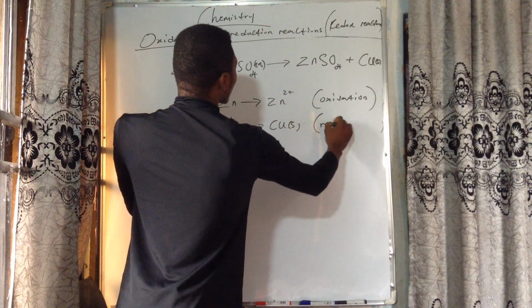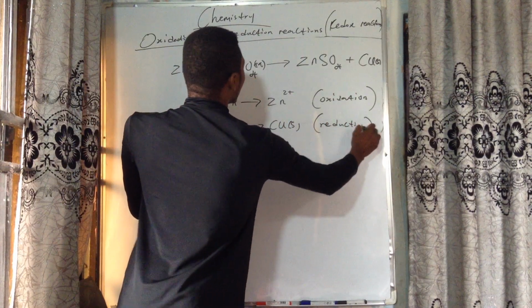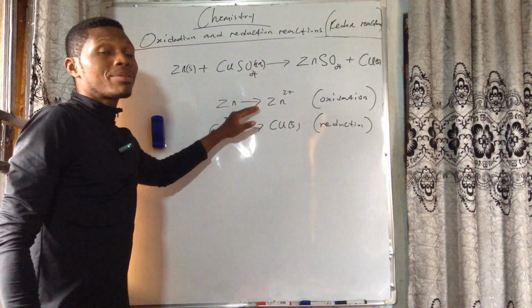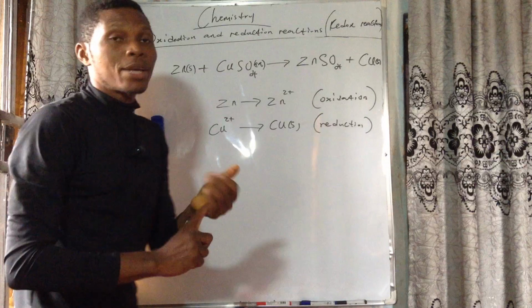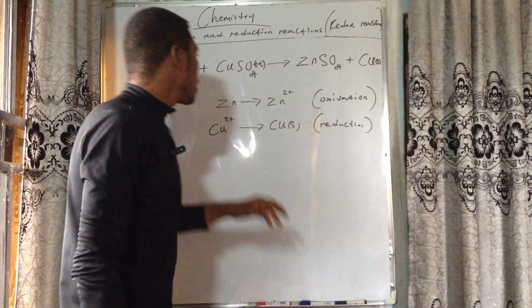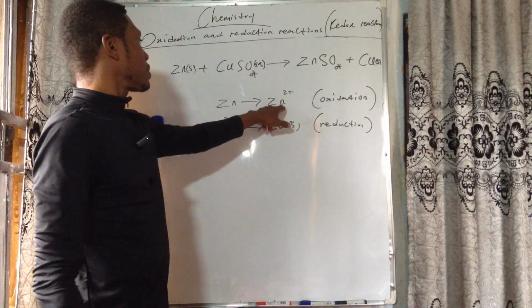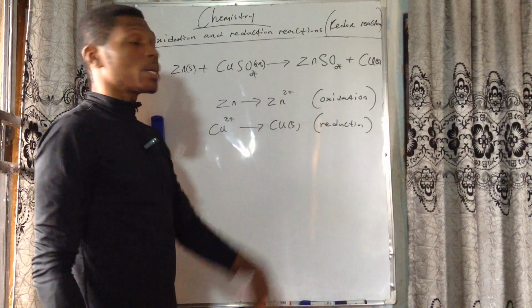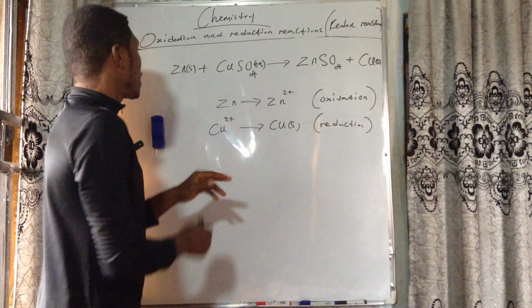This is reduction. Just write it. So you now balance the two half-cells. You balance by mass, and you also balance by charge. By mass, the mass is the same. Zinc and zinc is the same, so this one is also the same. So we balance by charge.